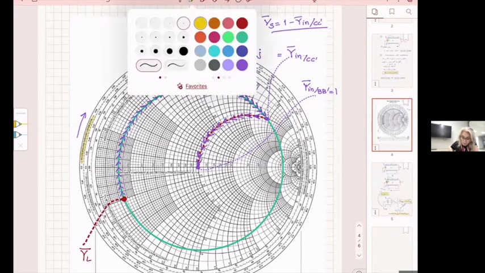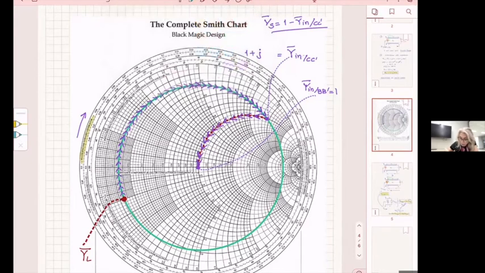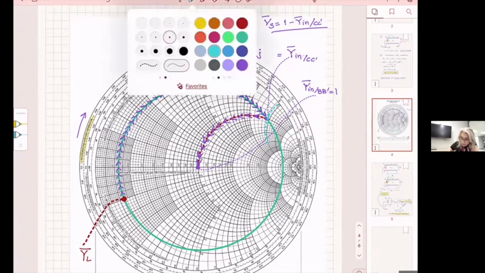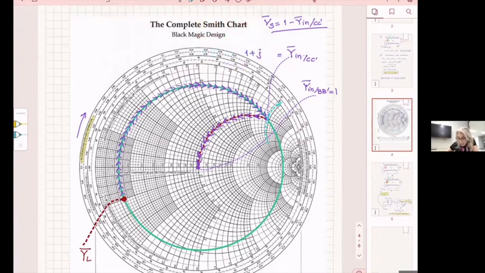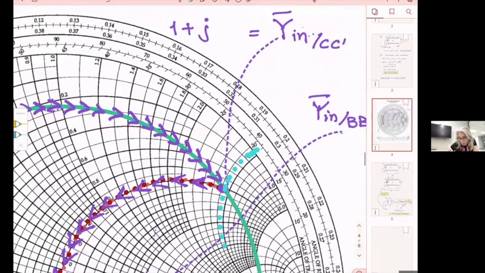If I move along the constant reactance circle, which is this one, then I find a reactance out there, which is here. And if I read it, that is 0.2, and then 0.3, which I covered. Let me see. Yeah, 0.3.